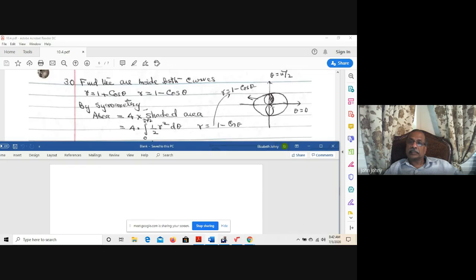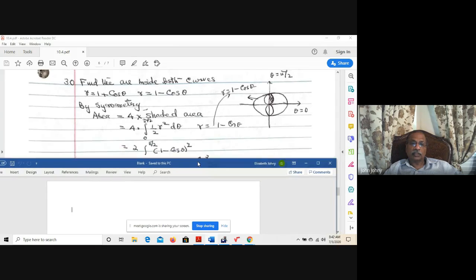On the y-axis theta is pi over 2, so the upper limit is pi over 2. But what is the equation of this curve? That is 1 minus cos theta. So 1 plus cos theta is not a part of the shaded area. So it is r equals 1 minus cos theta.